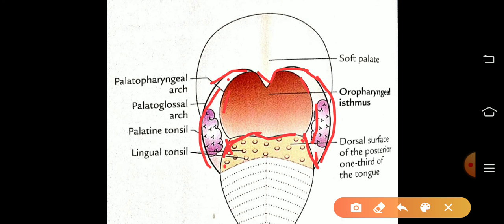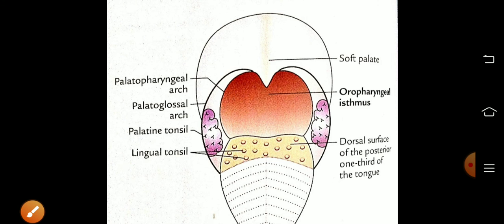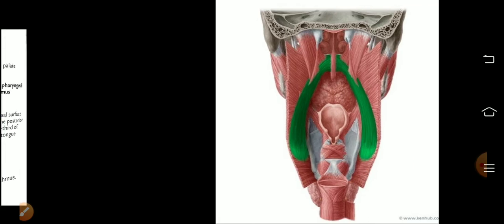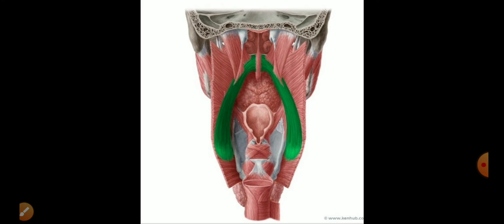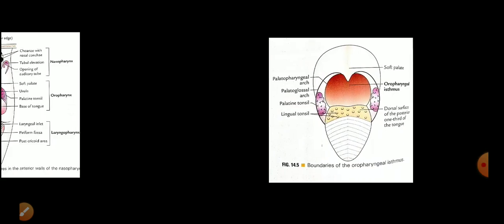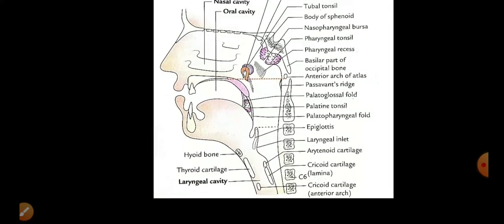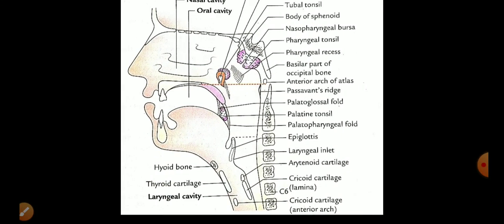Right? Now we are going to the last part of the pharynx, the laryngopharynx. As the name indicates, it is just behind the larynx. What is the extent of the laryngopharynx?